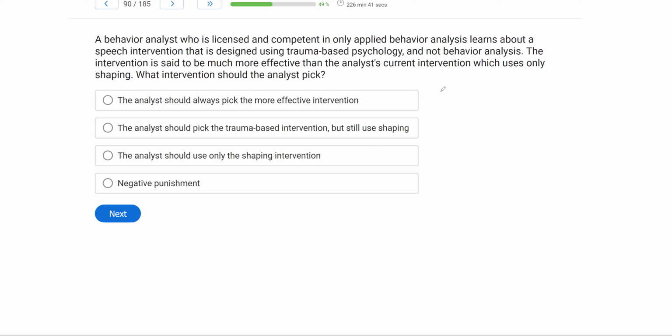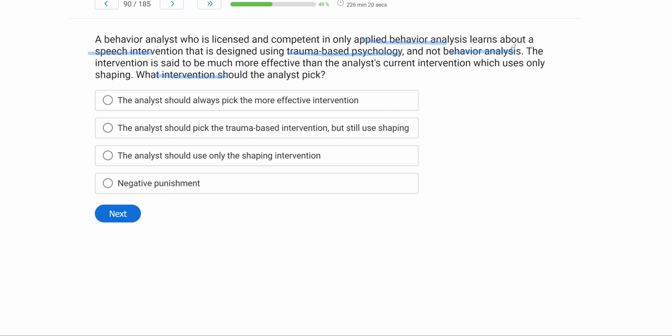All right, interesting. Let's think about this, right? We're looking at an intervention question and deciding what intervention to use. We have an analyst who is licensed and competent in ABA, and they have a speech intervention using trauma-based psychology. Now stop there and think, and not behavior analysis. Stop there and think, what's the problem with that?